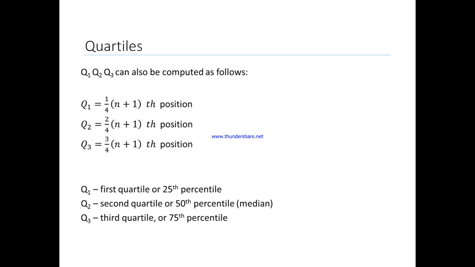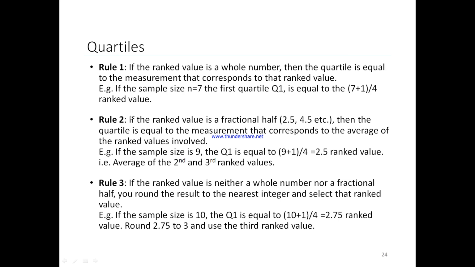To calculate, we first find the position of the quartiles by these equations. If you have, let's say, 11 observations in your data set, 11 plus 1 is 12, 12 divided by 4, the position is 3. So at the third position, when the data is in ascending order, that would be the first quartile. Likewise, you can find the other quartiles, right?